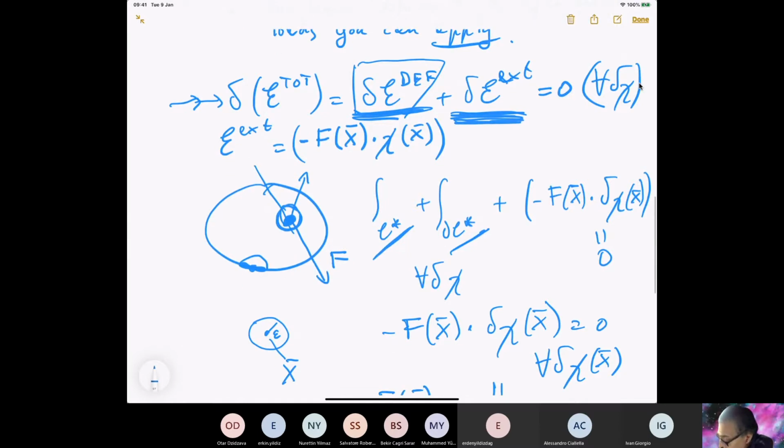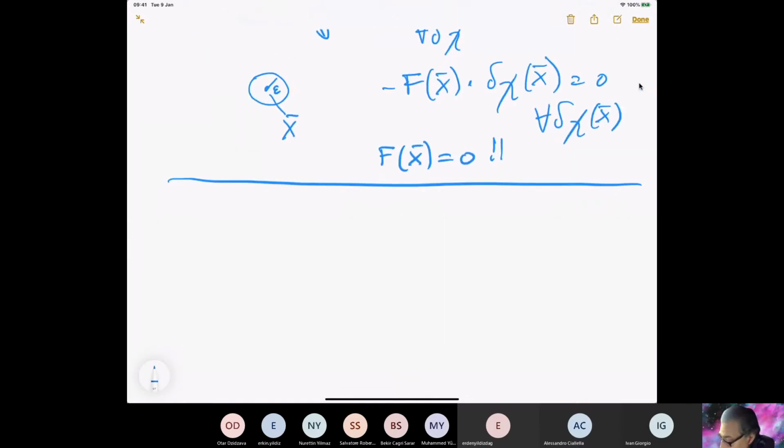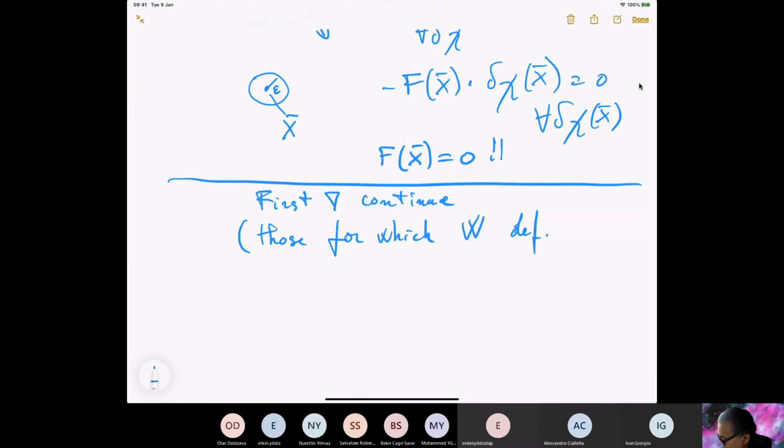So we can conclude that first gradient continua, I call first gradient continua those for which W, deformation energy volume density, depends only on F. This is an assumption.